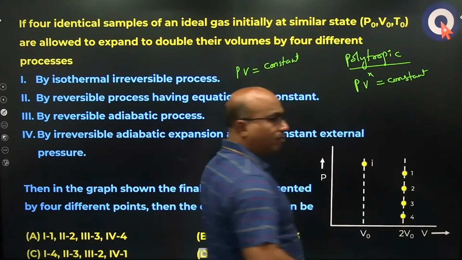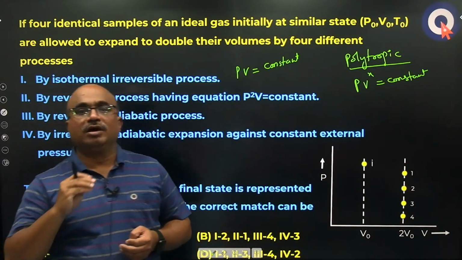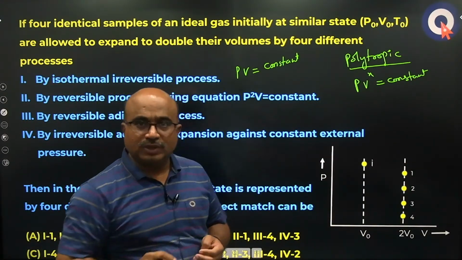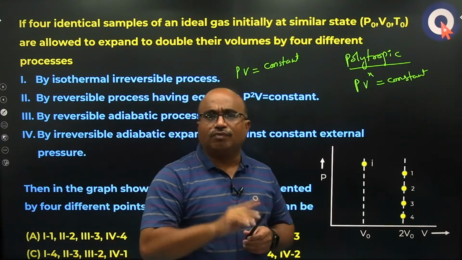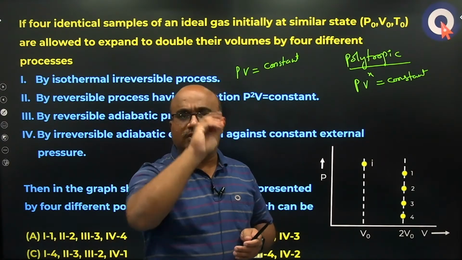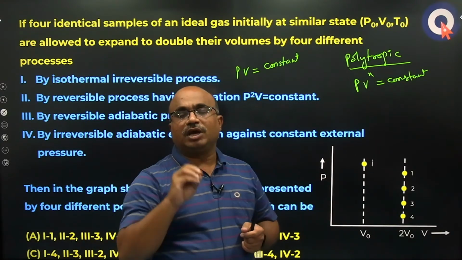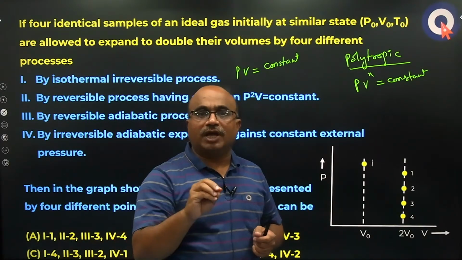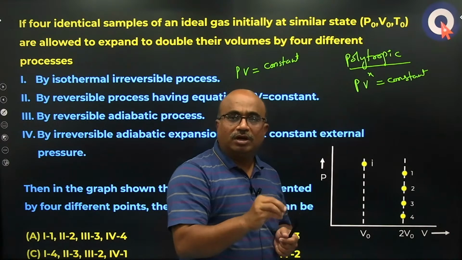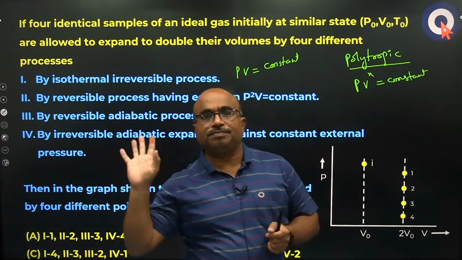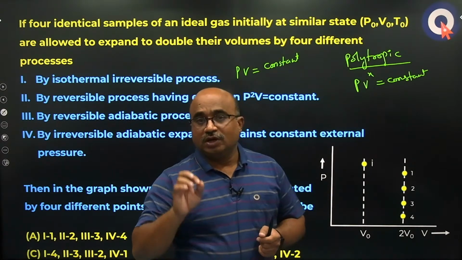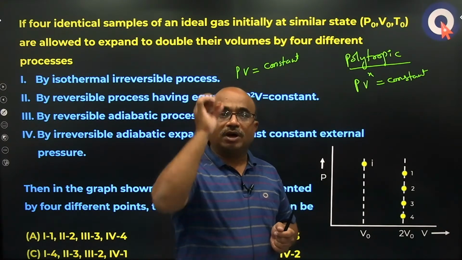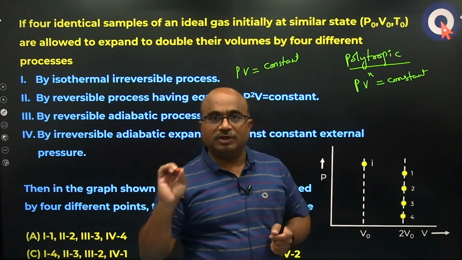So we define the different processes depending on the PV to the power of X. So why do we usually define PV to the power of X as a constant? Because volume is always a dependent variable with respect to pressure and temperature. So the volume power will always affect the process basically.